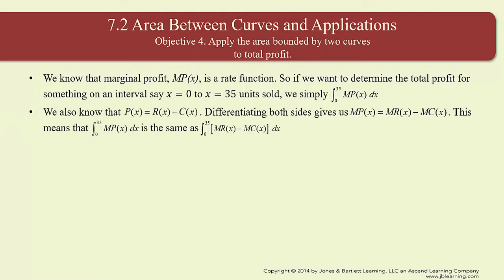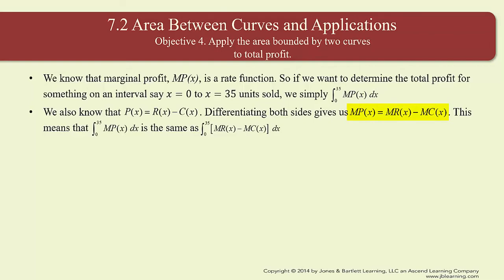Now here are some things we know. We know profit is revenue minus cost: P of x equals R of x minus C of x. If we differentiate both sides of that equation, we get marginal profit equals marginal revenue minus marginal cost.